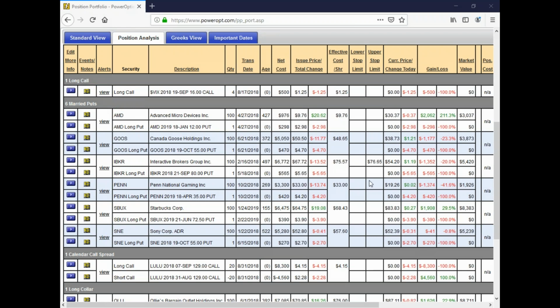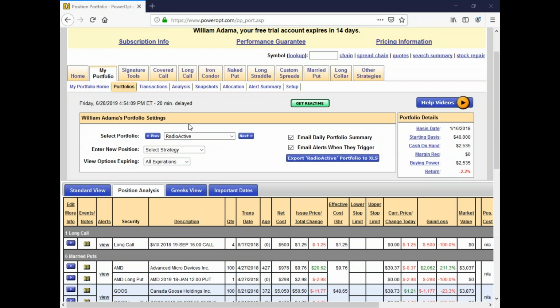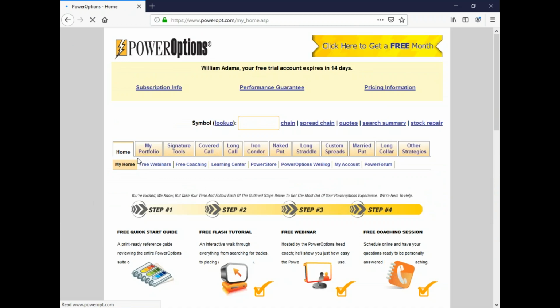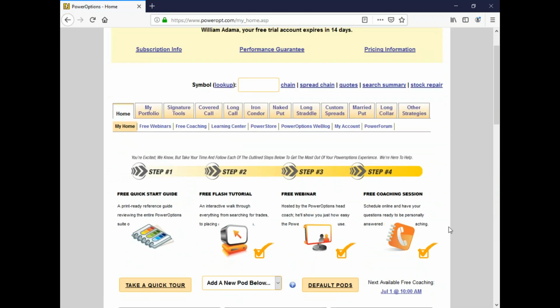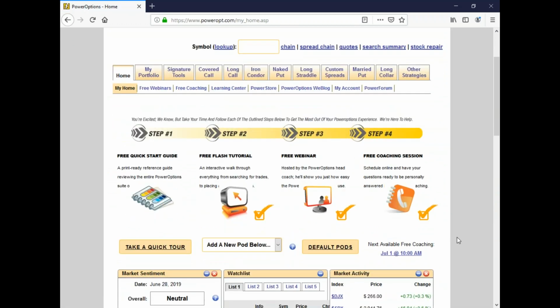Or let's say you're following a specific trading plan that has a specific list of rules and you want to jot down when you did an adjustment based on what rule was hit. For radioactive trading, I might say, hey, I entered this income method number 6. I sold to open the 80 call and bought to open the 85. And then I could add in my note and say, this is an income method number 6 because the stock moved up towards my put strike price.